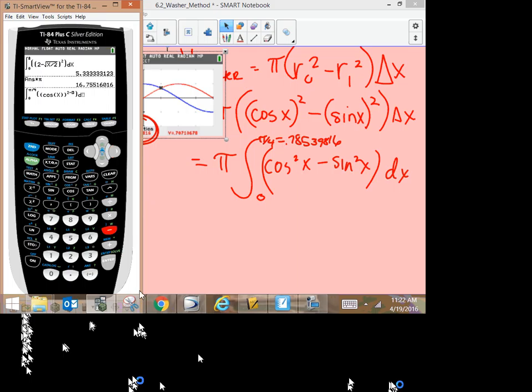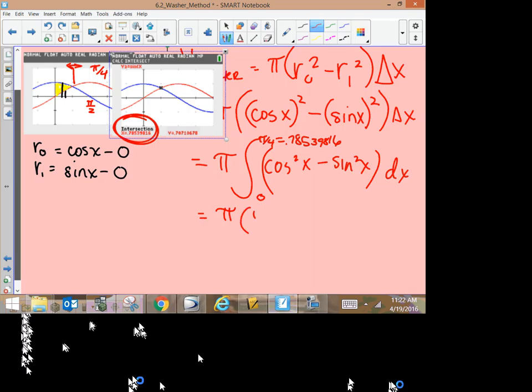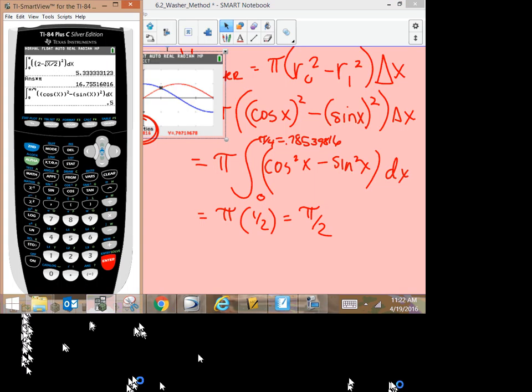Minus, parentheses, sine of x, close the sine of x, close the parentheses to square. The color matching is very weird. Okay, there's a half. So remember, that's pi over 2. Don't forget your pi.